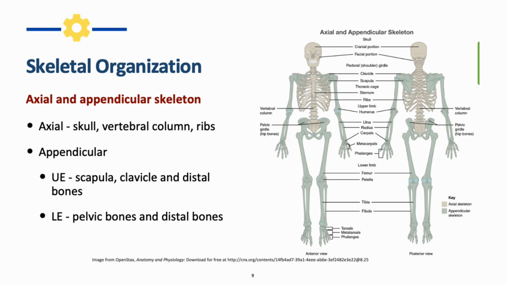So all of that central part. It does include the sacrum, but not the pelvic bones. The appendicular skeleton is basically the extremities. That includes the clavicle and the scapula on down through the upper extremity, and then includes the two pelvic bones and then the lower extremity. So we have the axial skeleton and the appendicular skeleton.